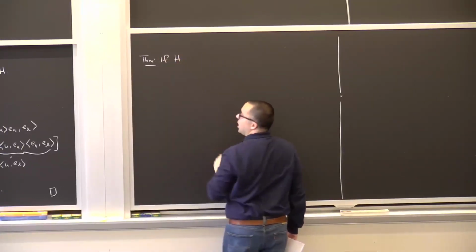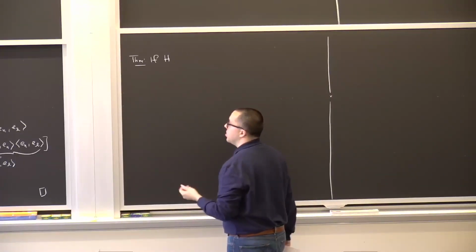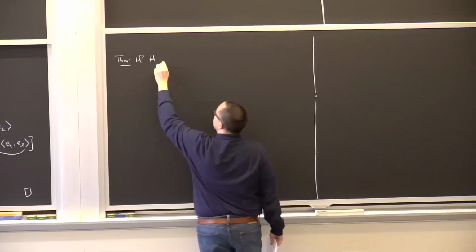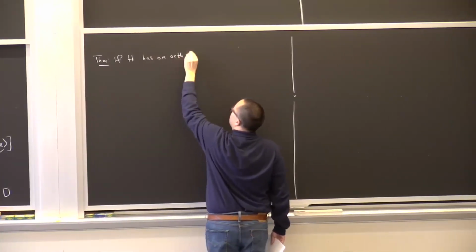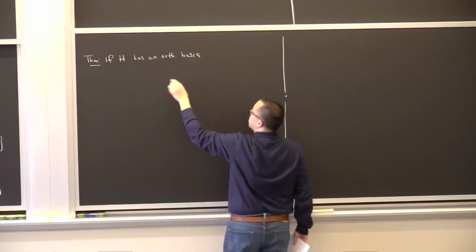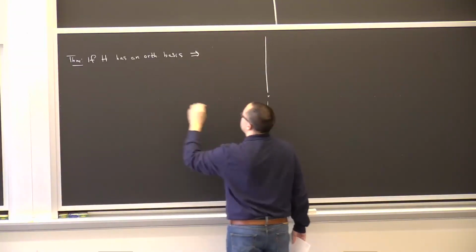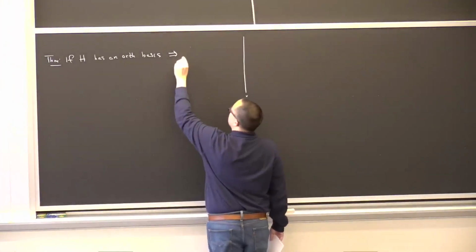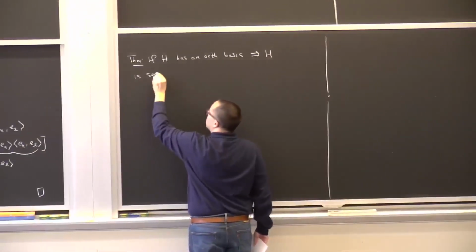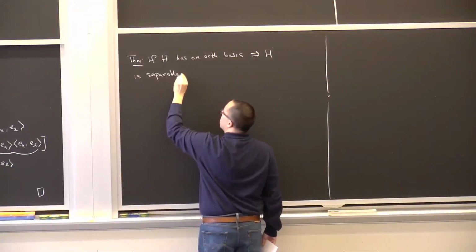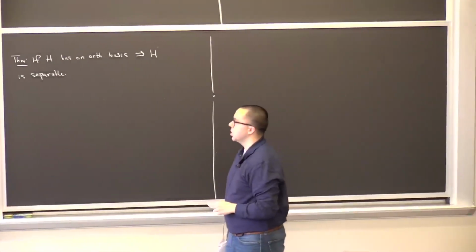So we've shown that if H is separable, then it has an orthonormal basis, which was the first theorem I stated at the beginning. Now, if H is a Hilbert space, and H has an orthonormal basis, then H is separable, meaning it has a countable dense subset.